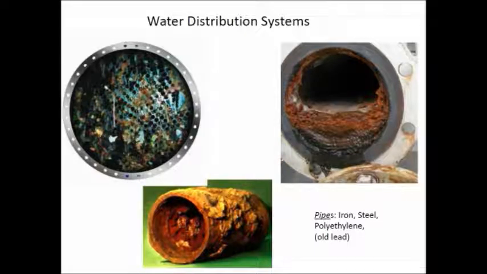In a more practical stance, we see water distribution systems, which are filled up with things like corroding iron and so forth. A lot of these processes are microbial mediated, at least in part. And we see the newer pipes made of other types of plastic-like materials. They become fouled as well, not to such a great extent.